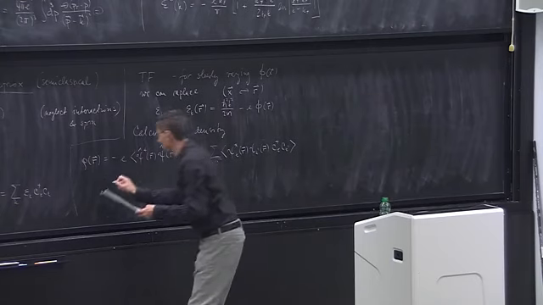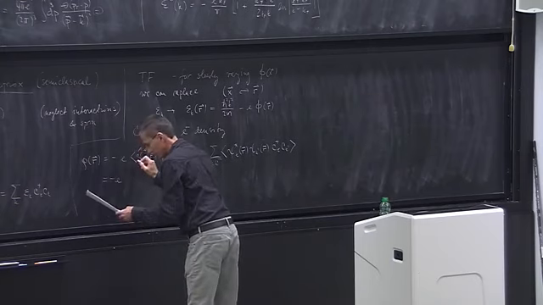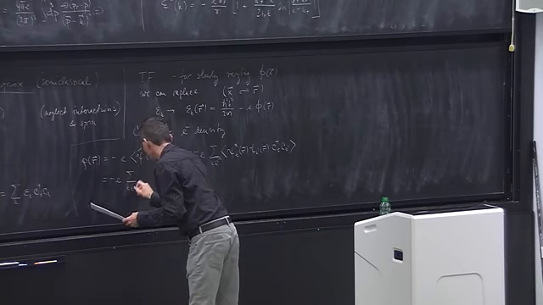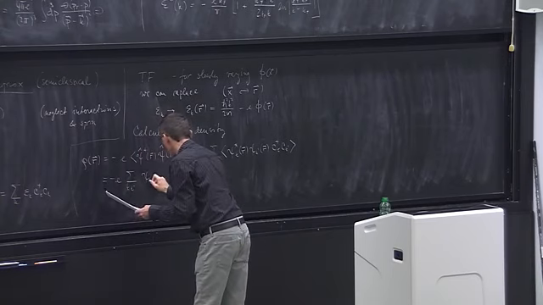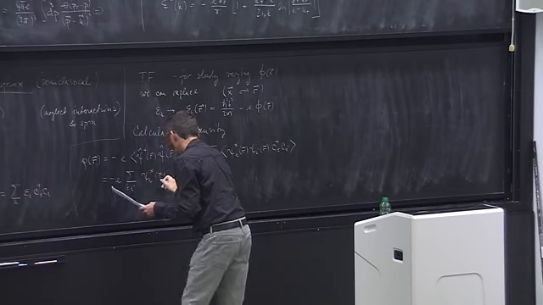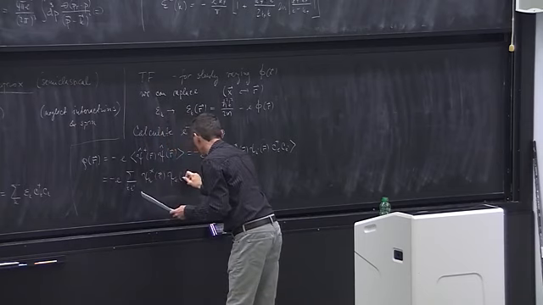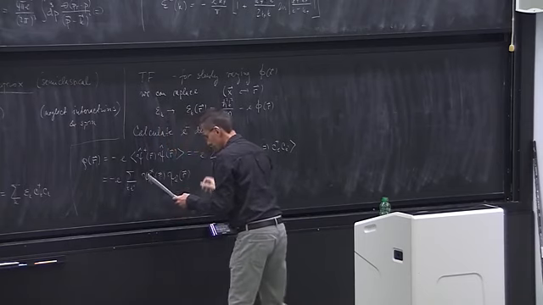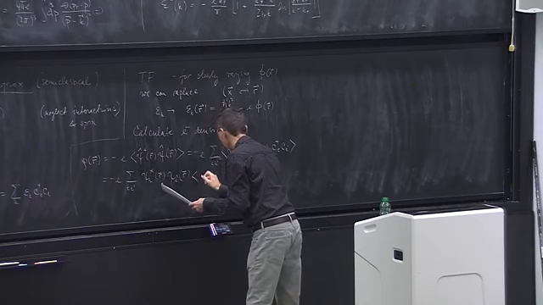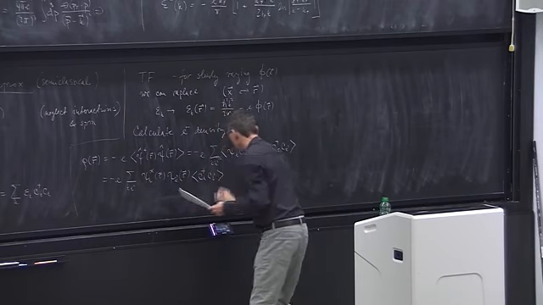So I can rewrite this immediately as minus e sum over k prime psi k star of r psi k prime of r, and this is the expectation value of c k dagger c k prime.